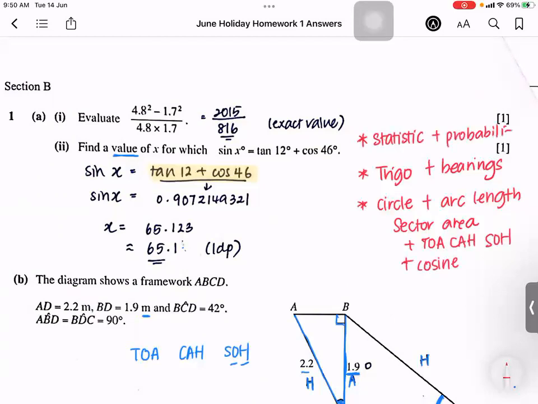Statistics can come with many types: calculate mean, mode, median, standard deviation, compare standard deviation, consistency, interquartile range, or you can have the upper quartile, lower quartile, or box and whiskers plot. Then for the probability section, either it's a spinner, possibility table diagram, or a probability tree diagram. So it's usually these three types.